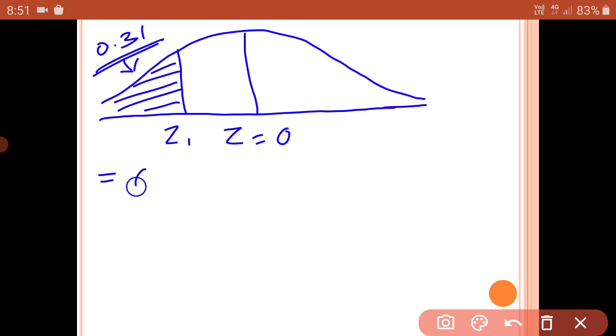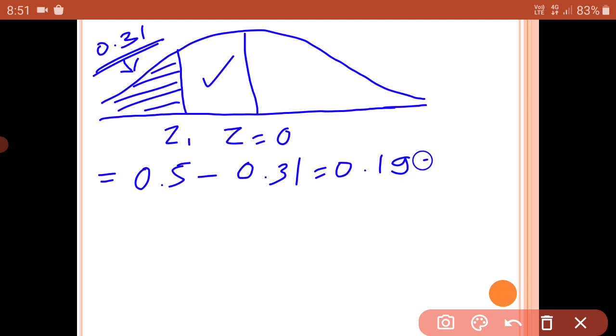In the next step, 0.5 minus 0.31, so this area is 0.1900. Both answers will be the same, because area always lies in this line. So this area we find: 0.5 minus 0.31 is 0.1900.